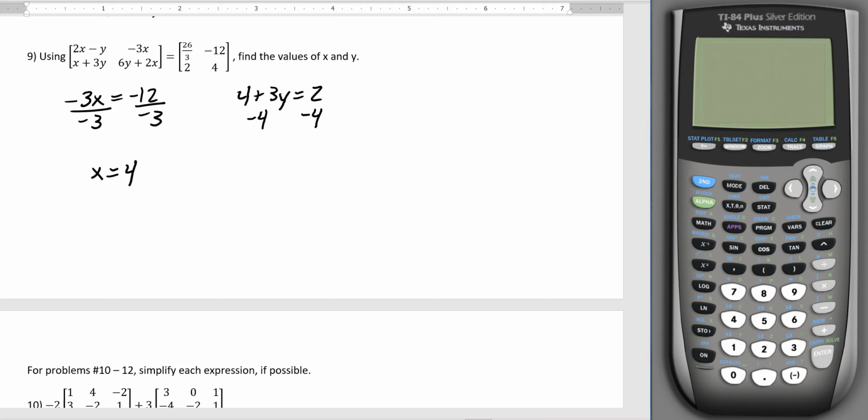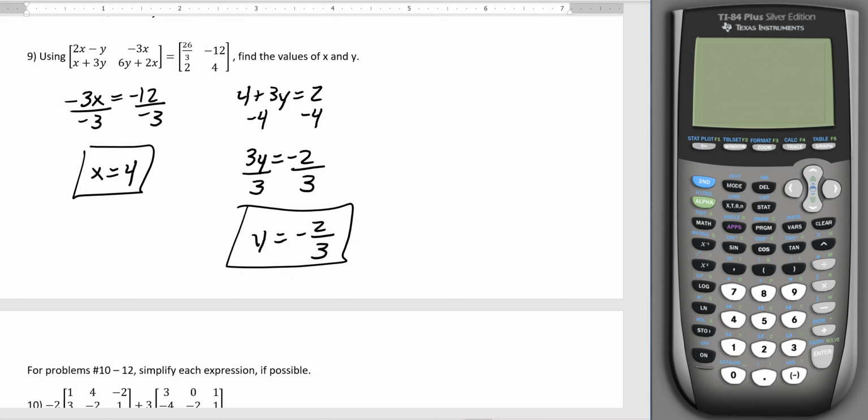Subtract 4, I get 3y equals negative 2, and then divide by 3, and I find that y equals negative 2/3. Now remember, we're not writing this as a coordinate. These are two separate values for variables, not a coordinate pair. We're just finding what x and y equal.